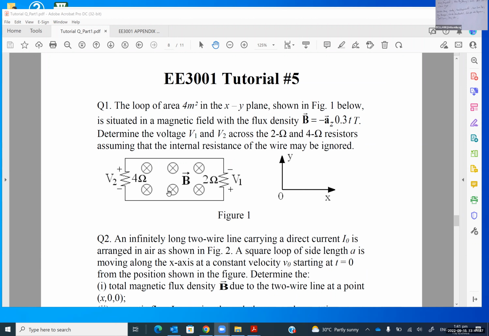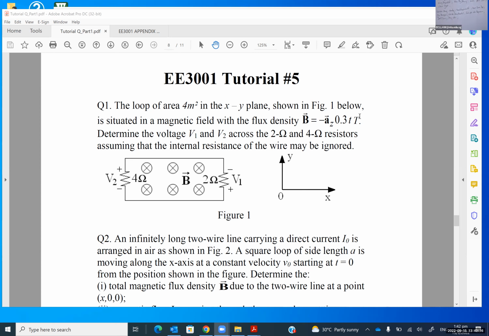That's why we draw all these circles with crosses and say that's your B vector, the magnetic flux density. That will capture this minus a_z direction. It has an amplitude of 0.3 T. The capital T is Tesla, that's the unit.